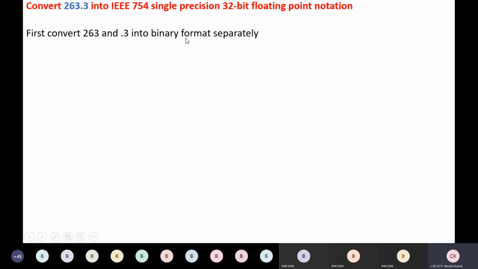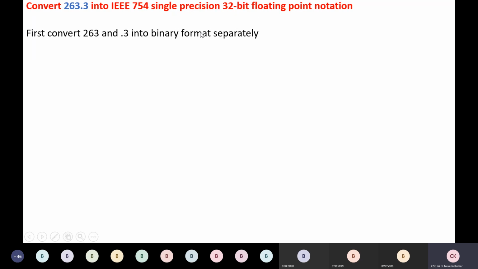This is an important thing. This is a mathematical problem. Given a floating point number 263.3, we need to convert it into binary format, and it must be as per IEEE 754 single precision format, that is 32-bit format.